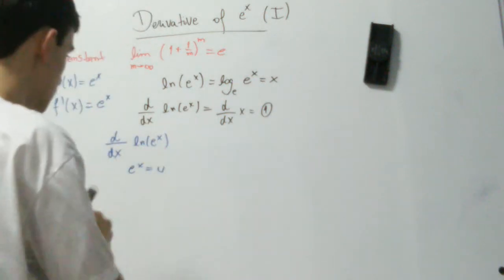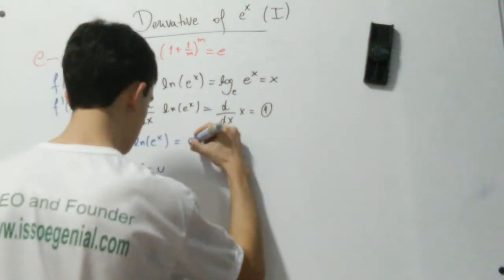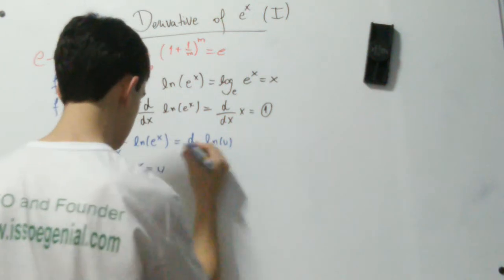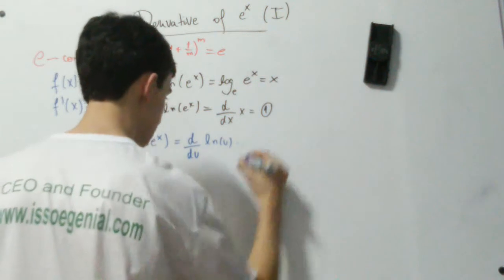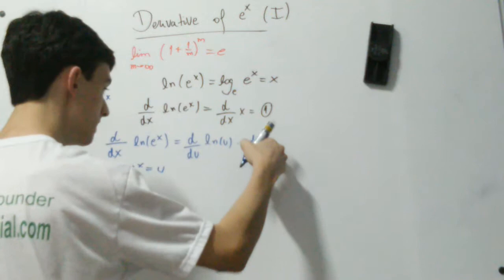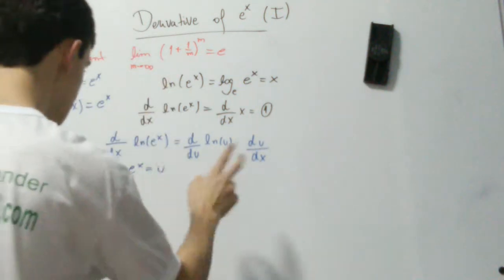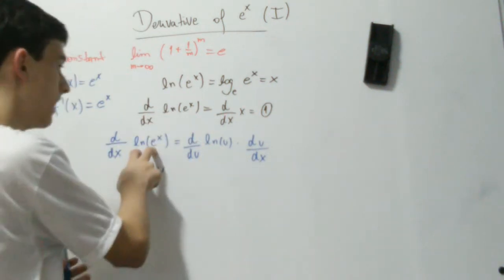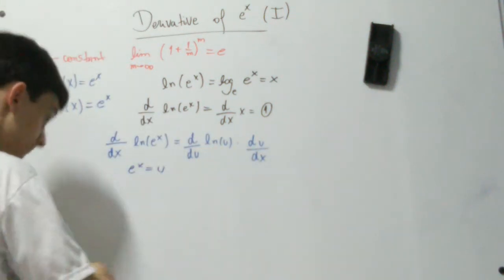So writing this here using the chain rule, we see that this is equal to the derivative with respect to u of natural log of u, times du/dx, the derivative of u with respect to x. So we're going to take the derivative of natural log of something, and then we're going to multiply by the derivative of u with respect to x.